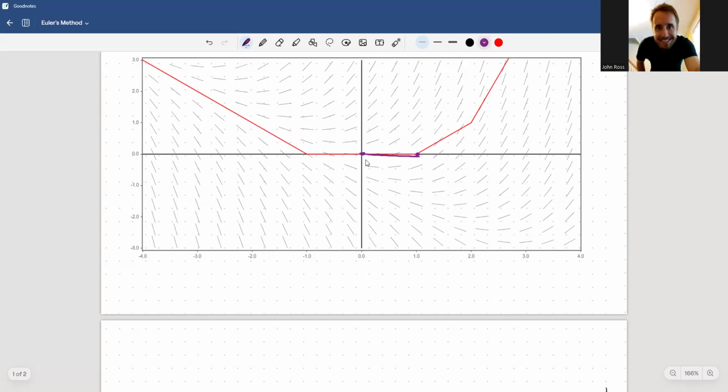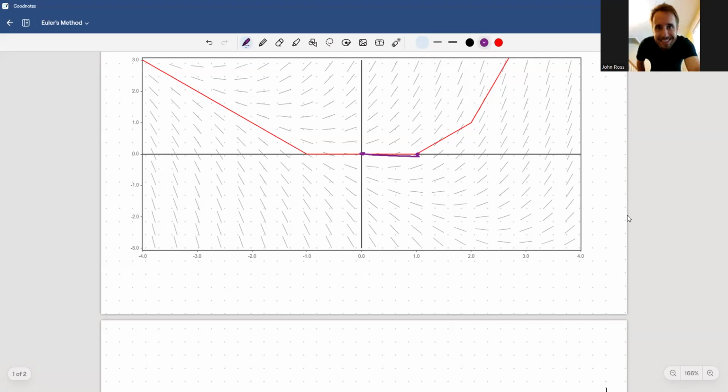And so in this example, the key to making a better approximation is to decrease that step size. Make sure that we're not taking a full unit step every single time forward in the x direction, but make it something a little bit smaller. This will give us more times to pause and readjust our trajectory based on the new point we're at.